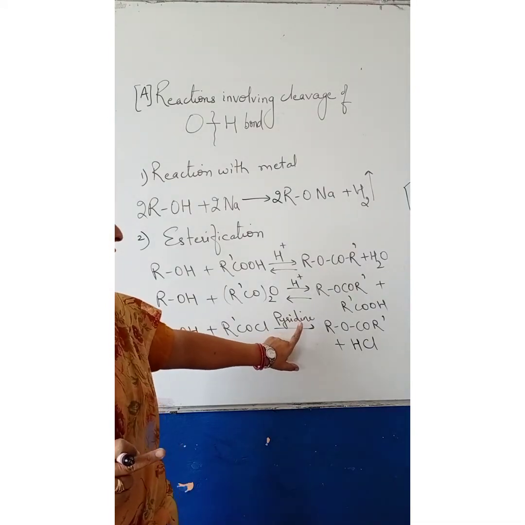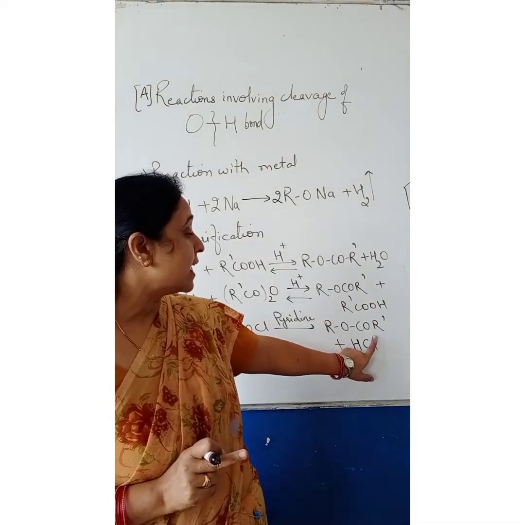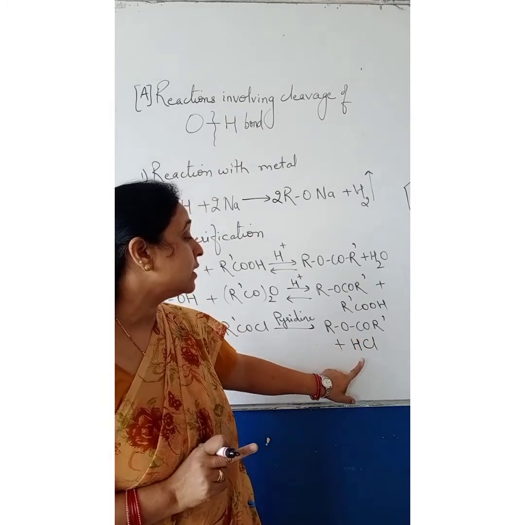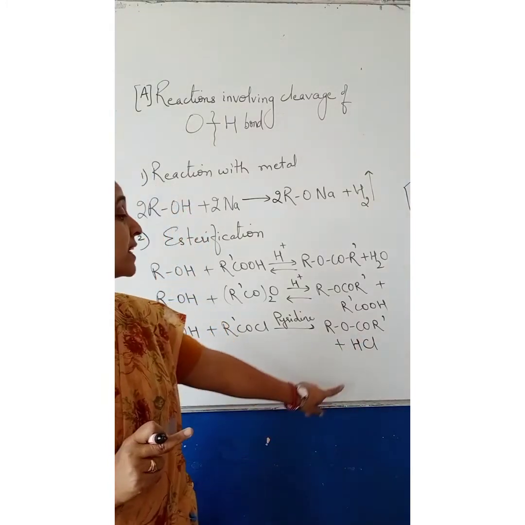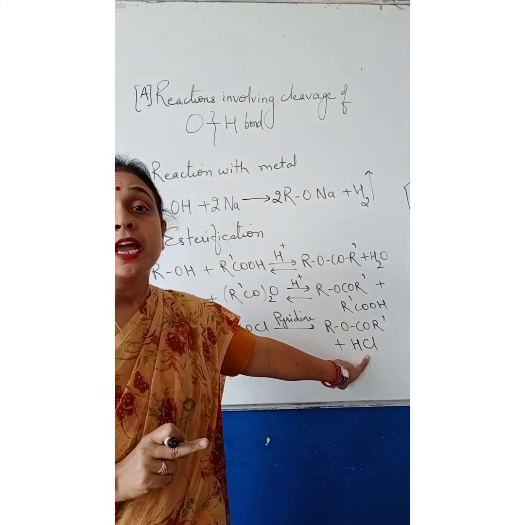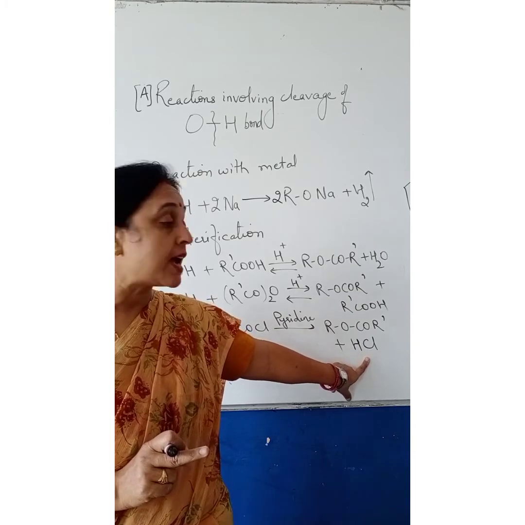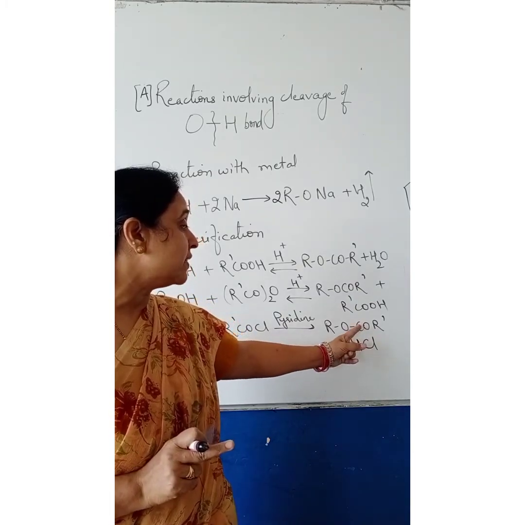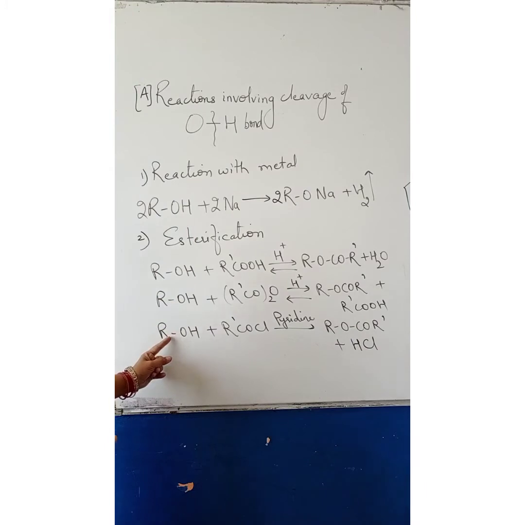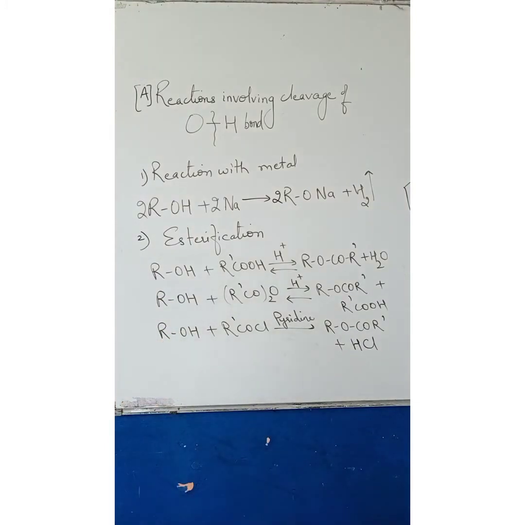Pyridine is a base and it helps to neutralize the HCl which is formed during the reaction. Because if HCl is not neutralized, it will interfere in the reaction. It will readily combine with ester to give back the reactants. So that is why this reaction is carried out in presence of pyridine.